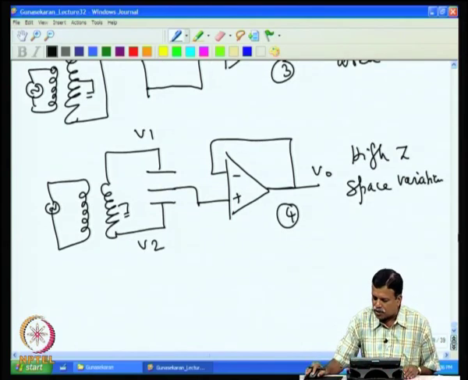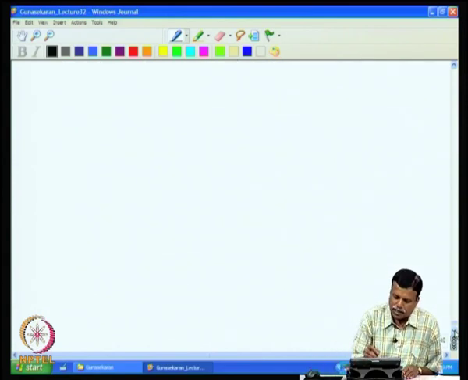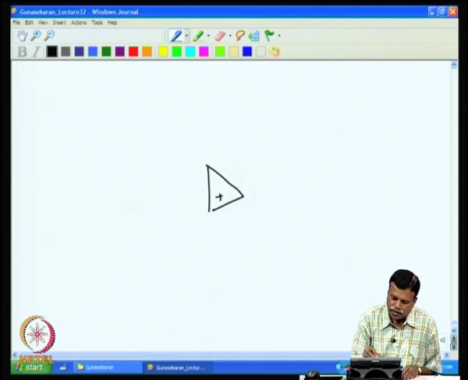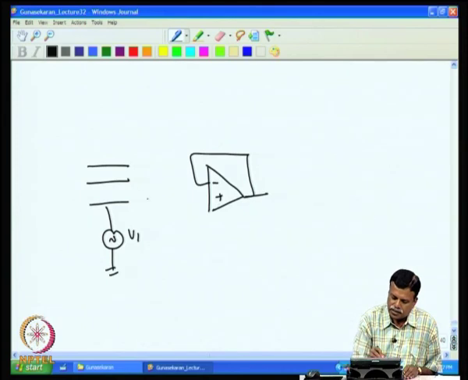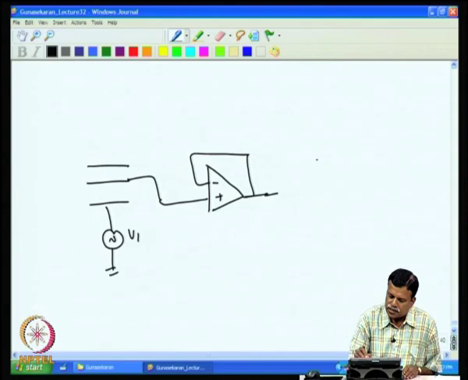Then we can also have 2 more variants, that is a high Z amplifier where we want to make the output 0. For example, if it is a space variation, I can have the excitation voltage given here, and this is given to the high input impedance terminal.